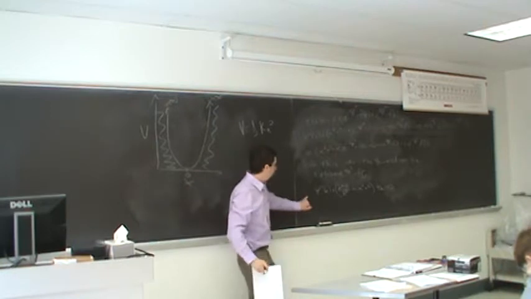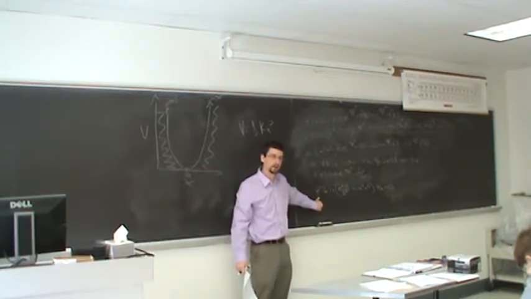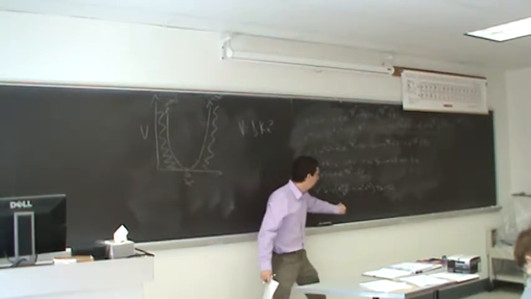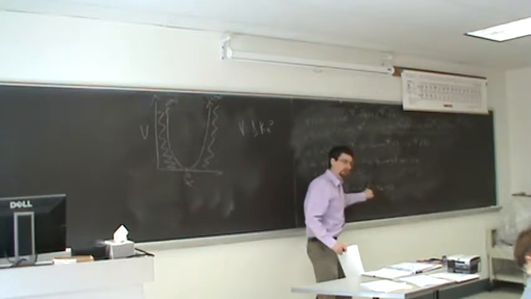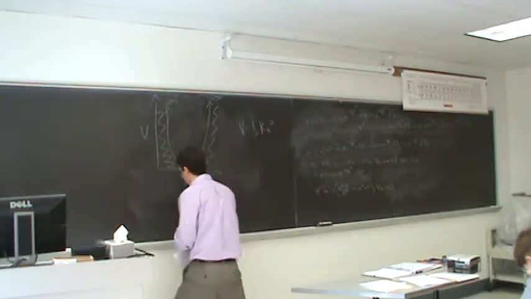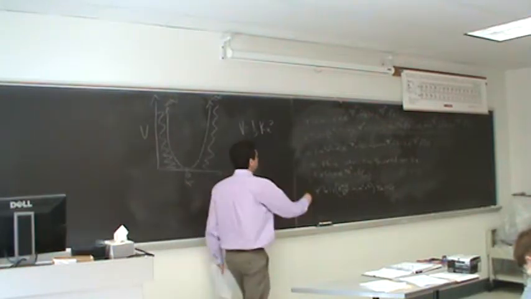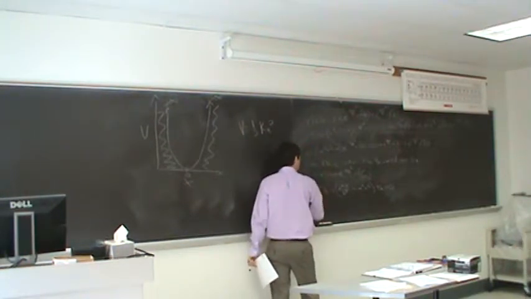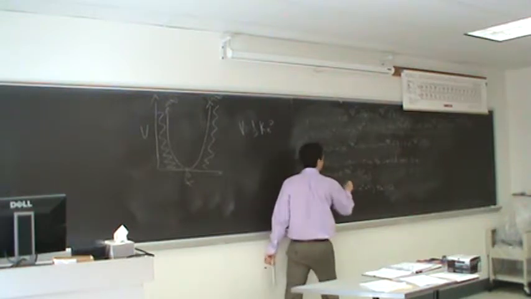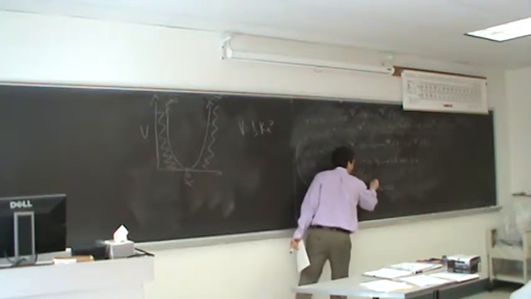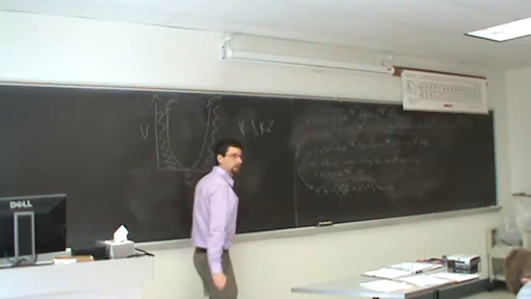Okay, so we solved for this thing already. We have that. We're going to plug these into this. So we're going to take this big ugly beast, that goes in there, and then this function goes there.